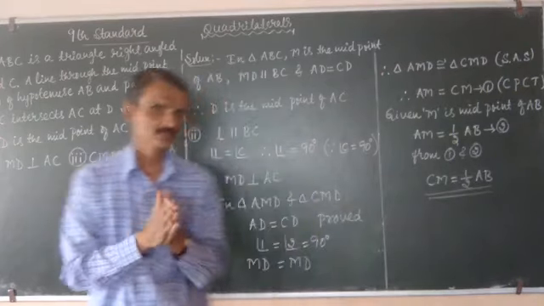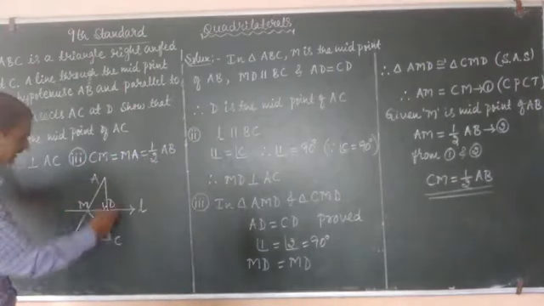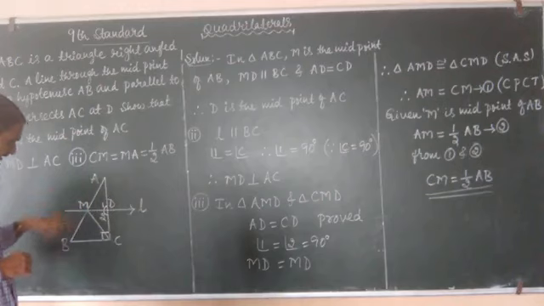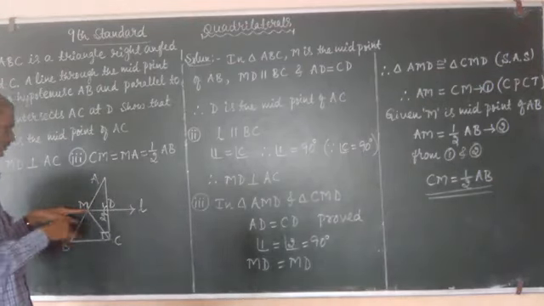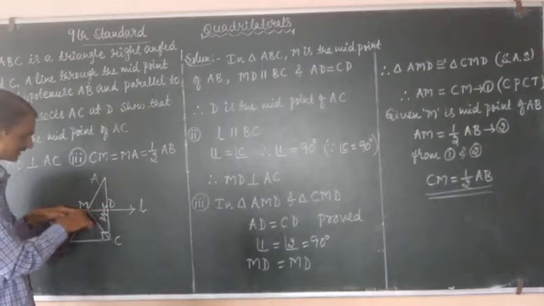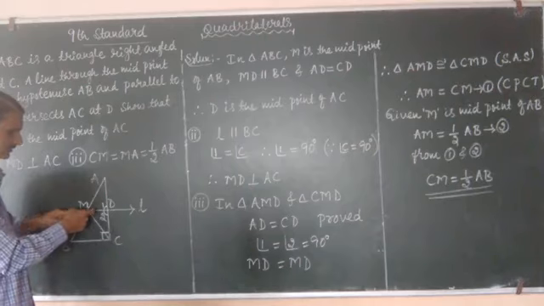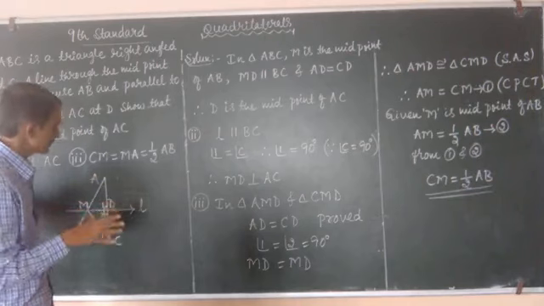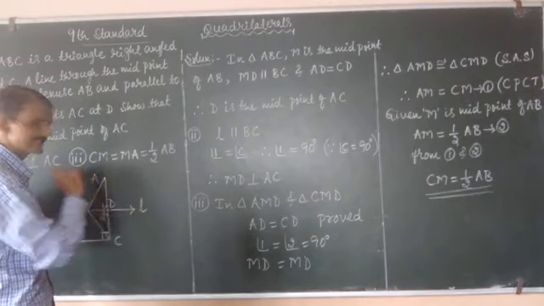For the first one, in triangle ABC, M is the midpoint of AB. And also they have given that MD is parallel to BC. So by the converse of the midpoint theorem, we can write AD is equal to DC.